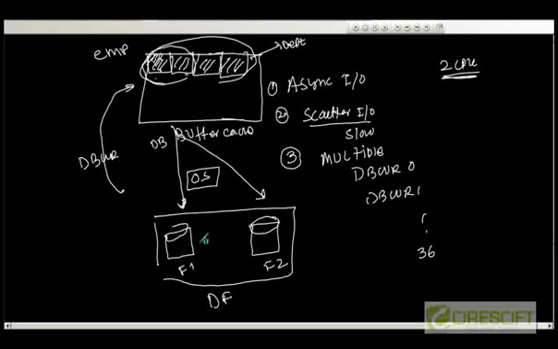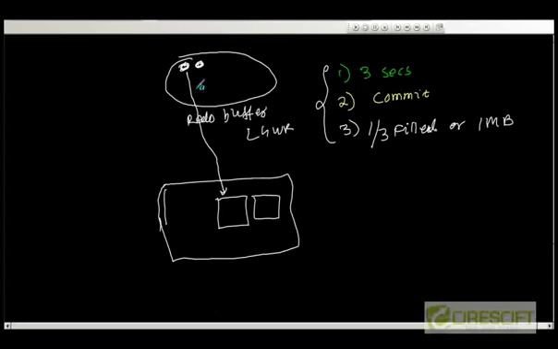So DB writer may write to different disks, but in case of log writer, it's pretty sure that it's going to write to this redo log file R1. When this redo log file is filled, it's going to switch to the next one. That means log writer is going to be faster. It's a sequential write, and we know which redo log file it's going to write to.